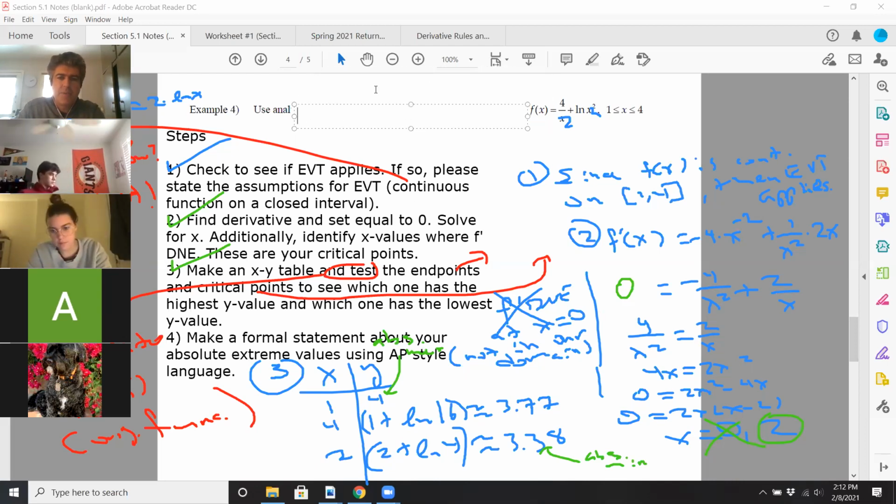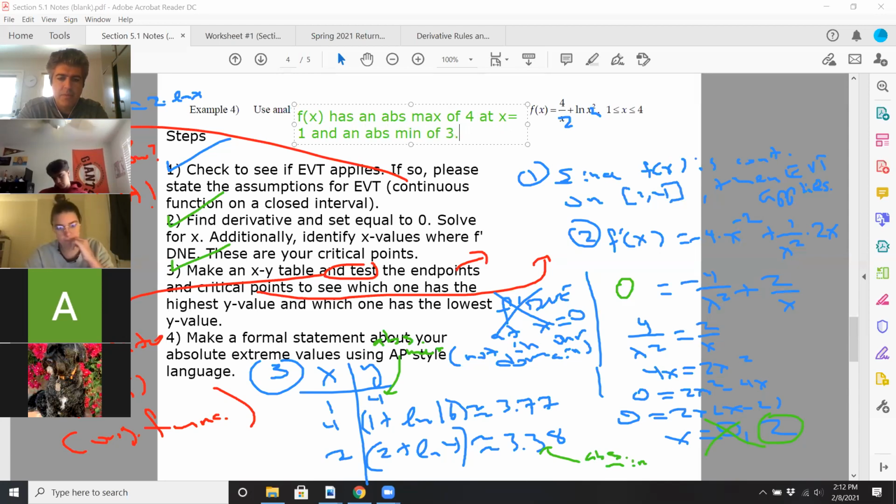I'll do the formal statement up here, and I'll do it in green. So you'd say that f of x has an absolute max of 4 at x equals 1 and an absolute min of 3.38 at x equals 2.